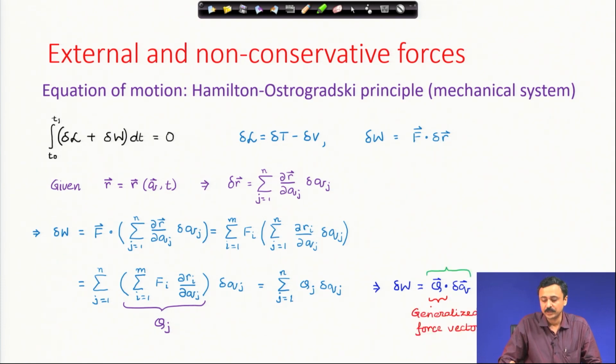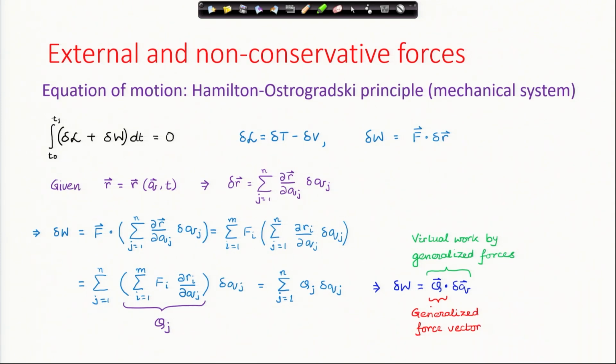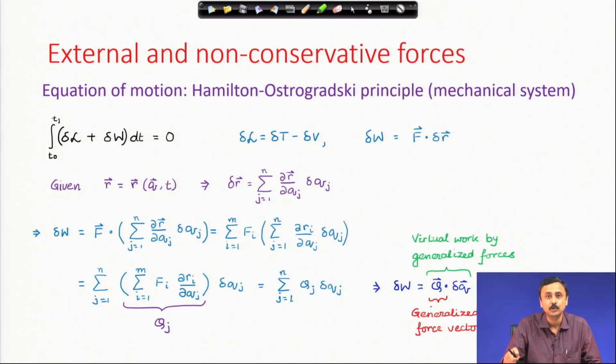This is the generalized force vector and the whole thing is the virtual work done by the generalized forces. So, generalized forces and generalized coordinates, their product is work. If the generalized coordinate happens to be a displacement coordinate, then the generalized force must be a force. If delta q is an angular displacement, then capital Q must be the corresponding moment.